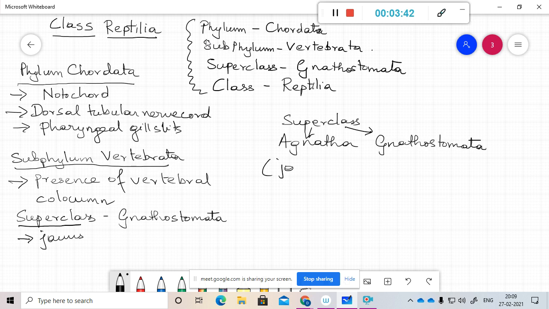They don't have jaws. Lampreys and hagfishes. And Gnathostomata, they have the jaws like you. Reptiles, they have jaws. So they belong to Gnathostomata.